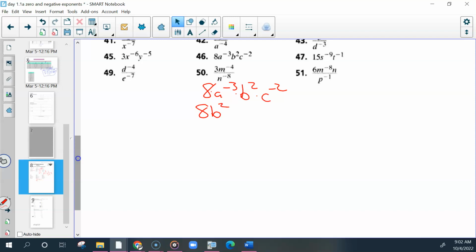Anything that didn't have a negative would stay the same. If you wanted to write it in the fraction format, you would have 8 times 1 over a to the third times b squared times 1 over c squared, and then you would combine it all together, and you would get the same thing. And then for 49, same as 15, these both have a negative, so switch them and make the exponent positive.